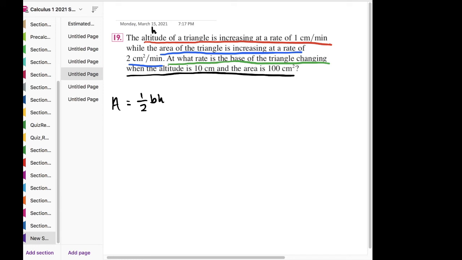Okay, so let's do a similar thing. The things I underlined, and I recommend you underline them too when you do these problems, help you understand what everything in the sentence means. How about the first statement? The altitude of the triangle is increasing at a rate of, what math word is that?